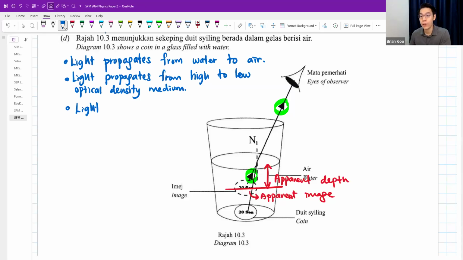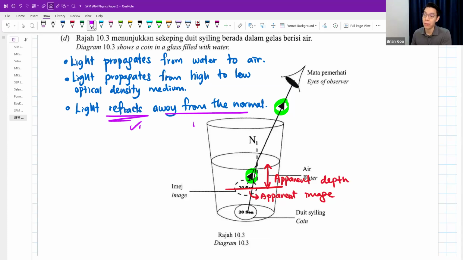Light refracts away from the normal. Okay, by the way, this is 2 marks. Refract 1 mark, away from the normal 1 mark.